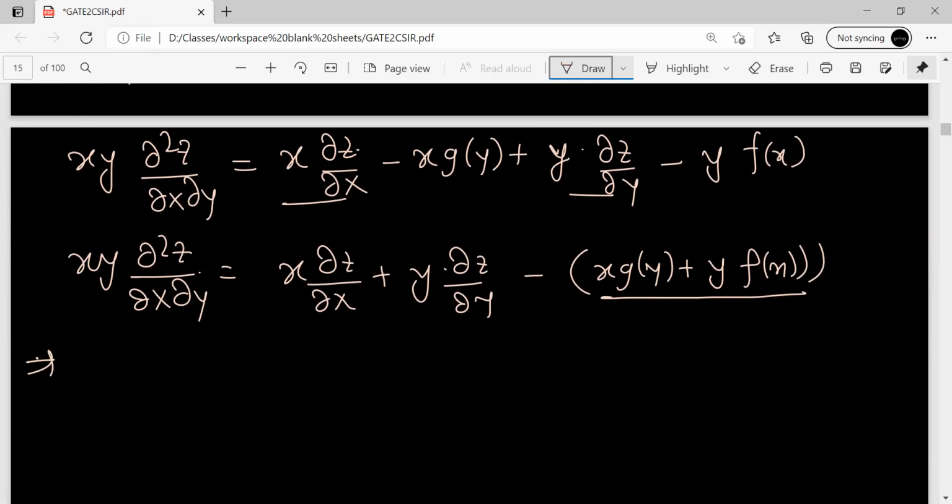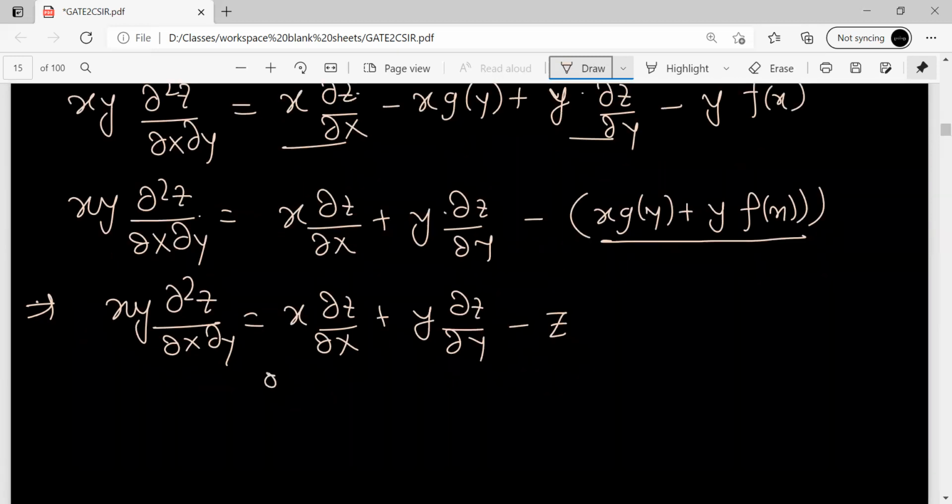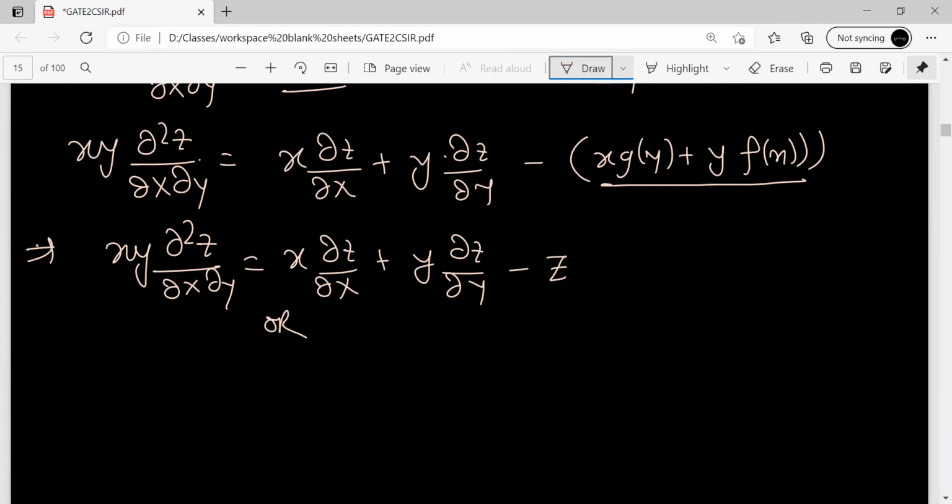So my equation would be del squared z over del x del y will be equal to x del z over del x plus y del z over del y minus z. Or in short notation, you can write down like this.